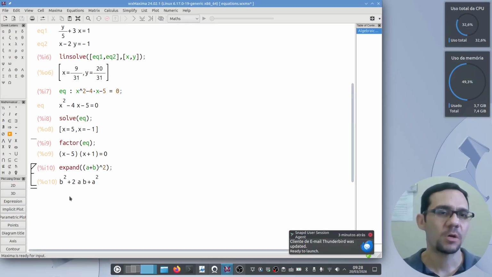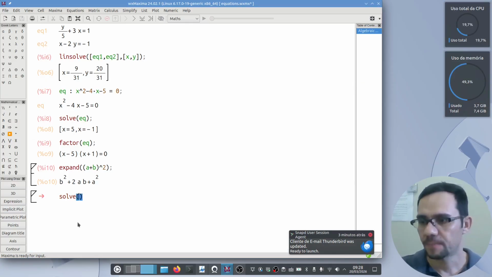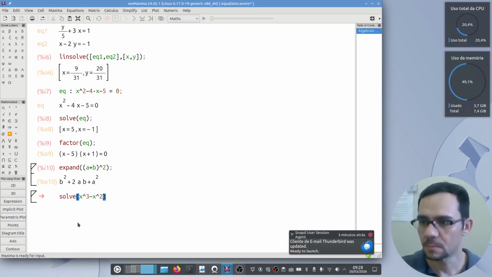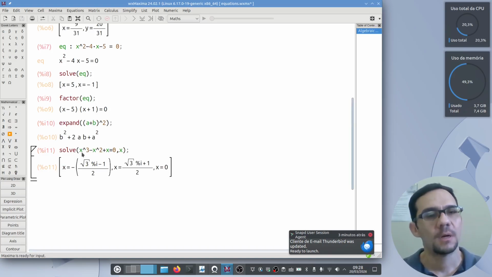We can solve more complicated equations. For example, let me try this equation that's a little more complicated. So if you have algebraic equations of high order, try to solve with this Maxima command solve.